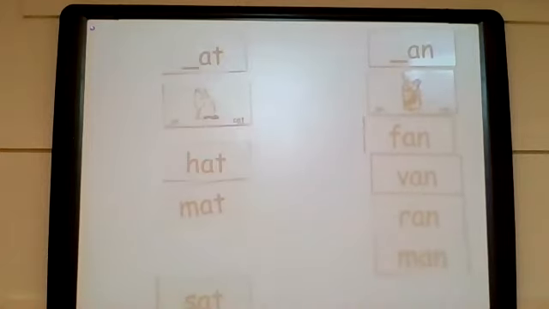But if they don't, then we have to kind of elongate the sound. So cat, hat, mat, pan, and sat, and try to really go pan, sat, and see if they can hear the difference. And then they would probably make the change.